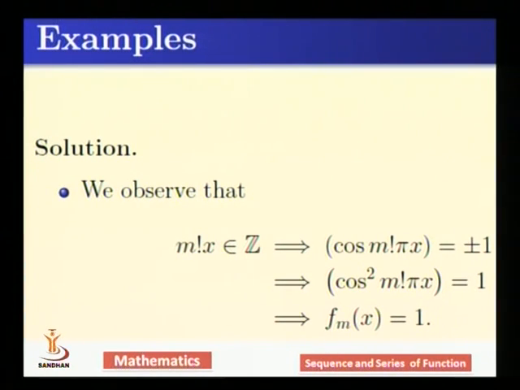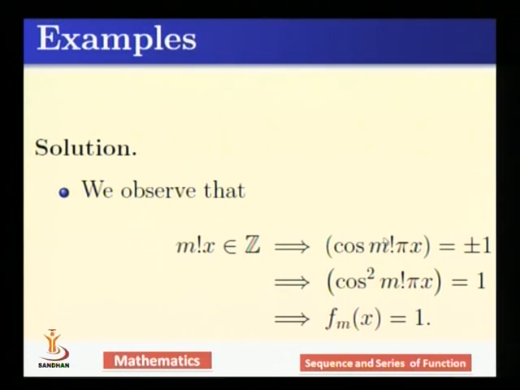So we start with two cases. We look at the cases when m factorial x is an integer, that is belongs to Z, and does not belong to Z. If m factorial x is an integer, then because m factorial into x is an integer, multiplied by pi, this will be an integer multiple of pi.